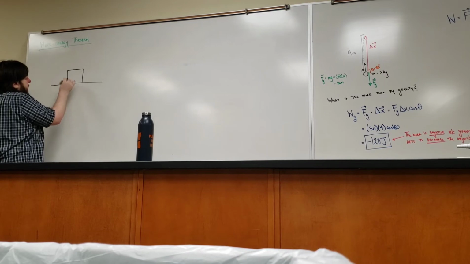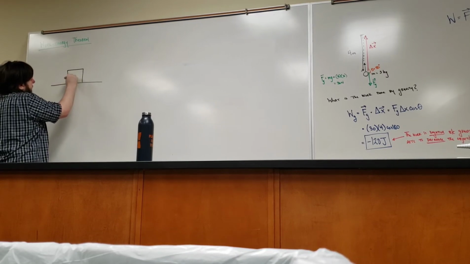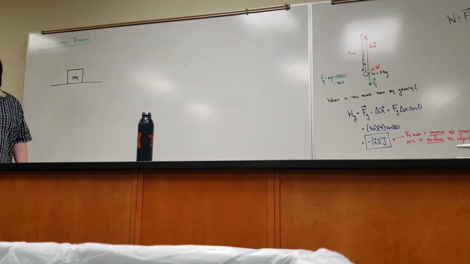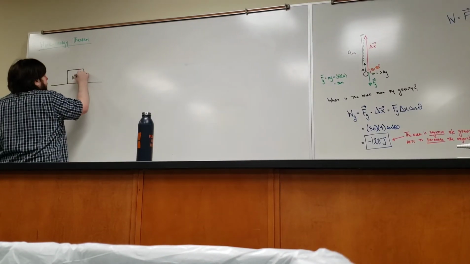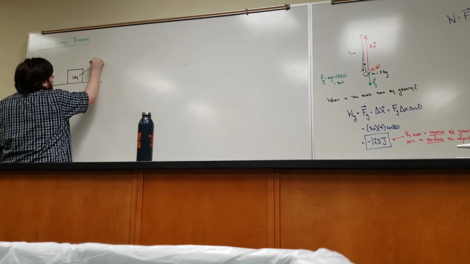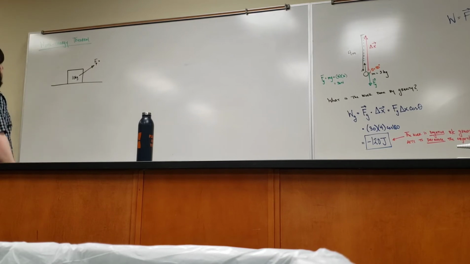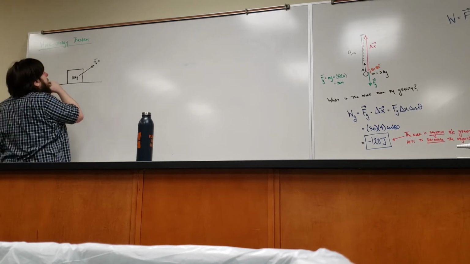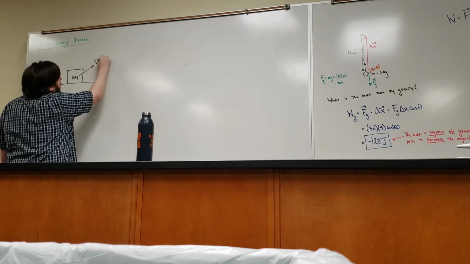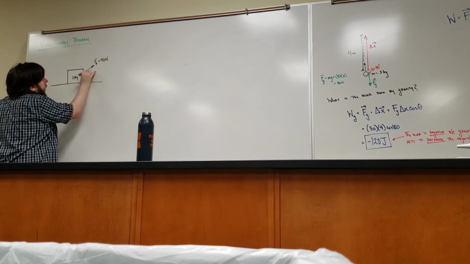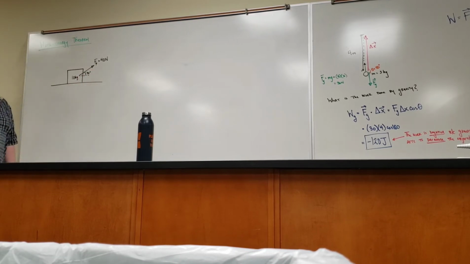This object has a mass of, let's say, 10 kilograms, and it's pulled along the floor by a force Fp, so hold on one second, let's say a force of 40 newtons that makes an angle of 30 degrees with the horizontal.